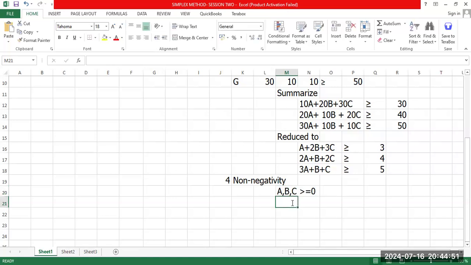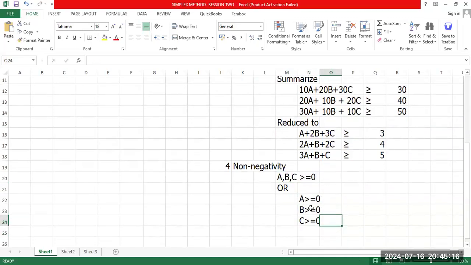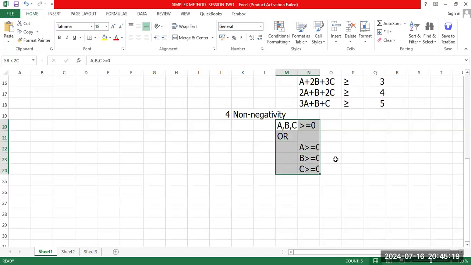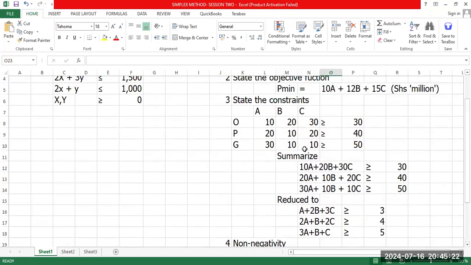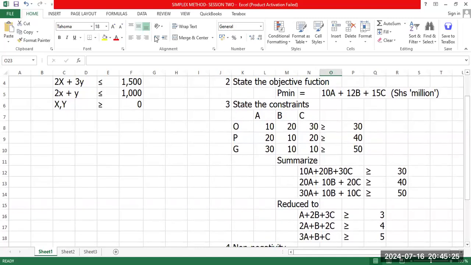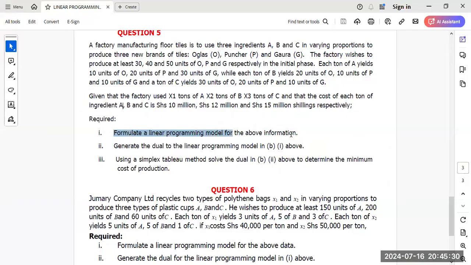Or another person can say A should be greater or equal to 0, also B should be greater or equal to 0, then C should be greater or equal to 0. And this is your non-negativity function. So at this point, you have answered Roman 1.